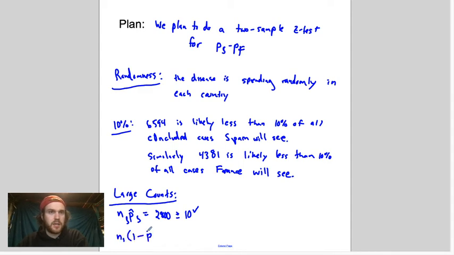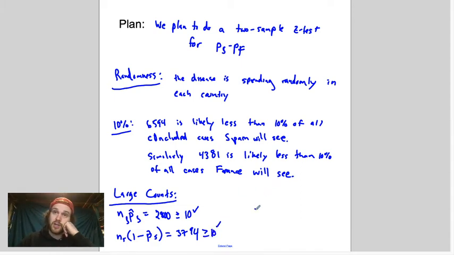1 minus P hat S is, so NS, the sample size from Spain, minus the probability, 1 minus the probability, that gives us 3,794 people that have survived and recovered, which is great news. That is also greater than 10, so we're good.